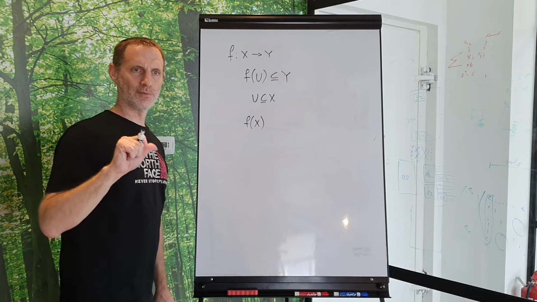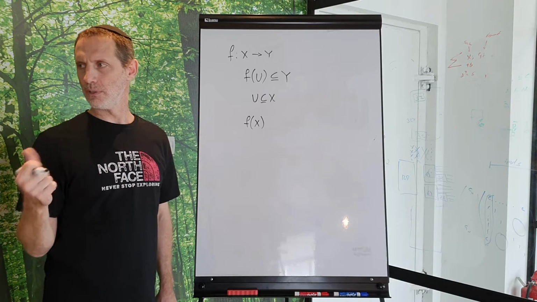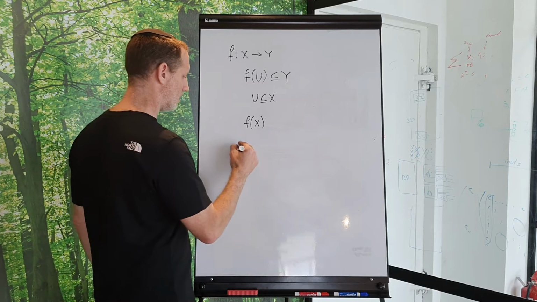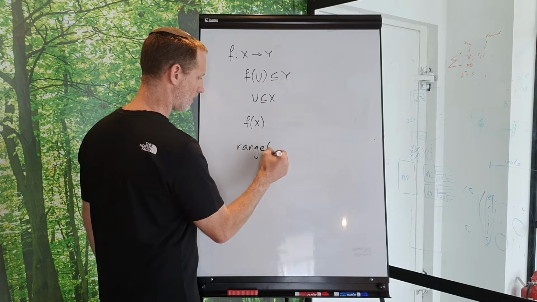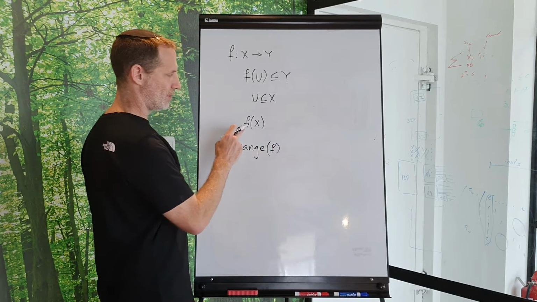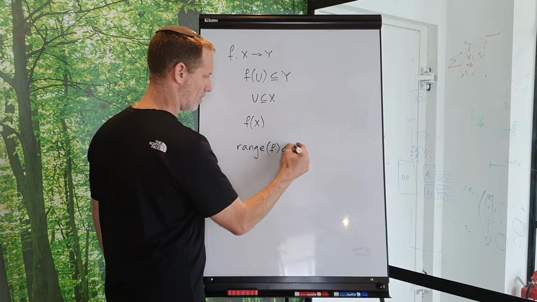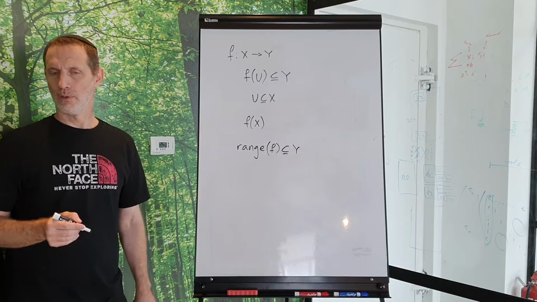Now, why is that different than the codomain? Because the codomain can be bigger than the range. So it's all these subtleties. We can say that the range of F is actually in Y, in the codomain.